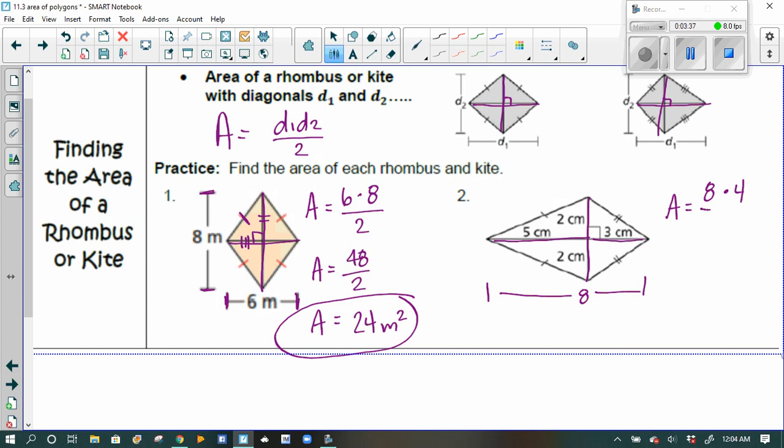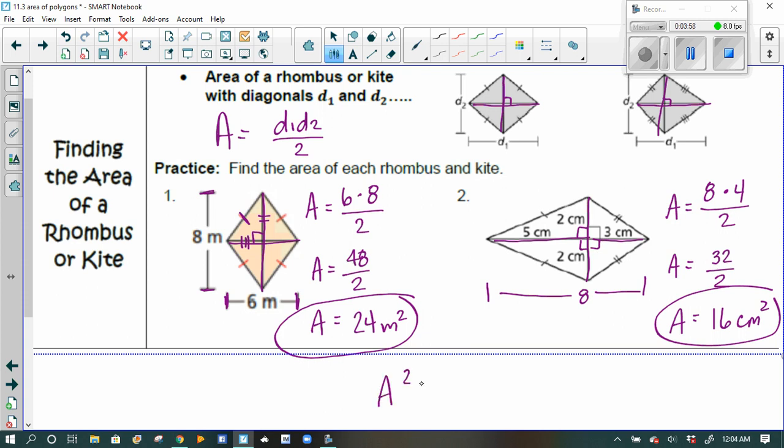So 8 times 4 divided by 2. 8 times 4 is 32 divided by 2. So the area is 16 centimeters squared. Okay, so don't forget these are right triangles, so you may have to do Pythagorean theorem to find a missing piece. Just always remember a squared plus b squared is c squared. Don't forget that if needed.